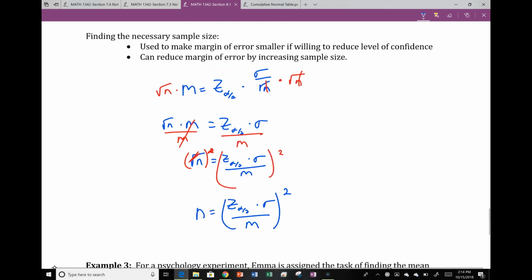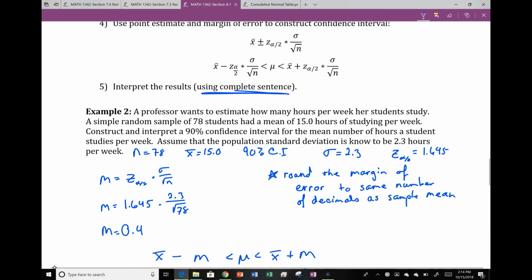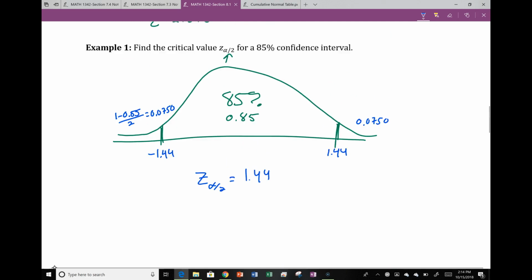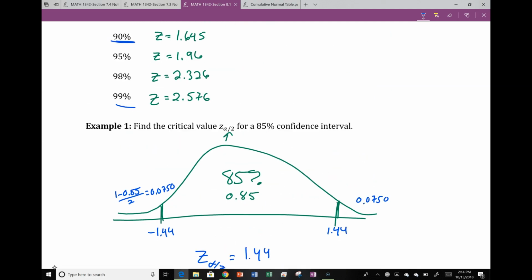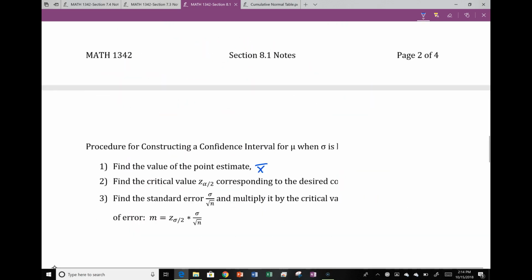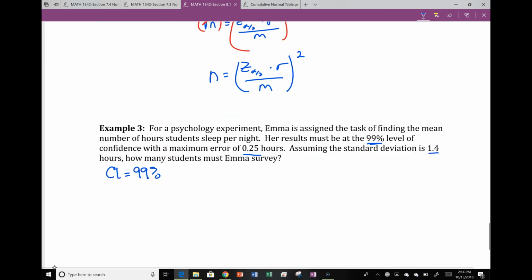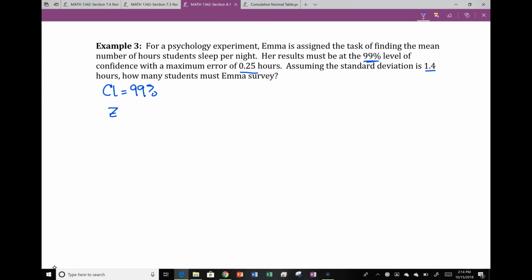Well, I'm going to scroll back up to where we had those common critical values. 99% uses a z-score of 2.576. So that means that our critical value, z, is 2.576.